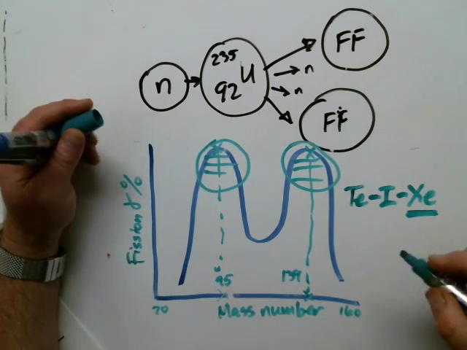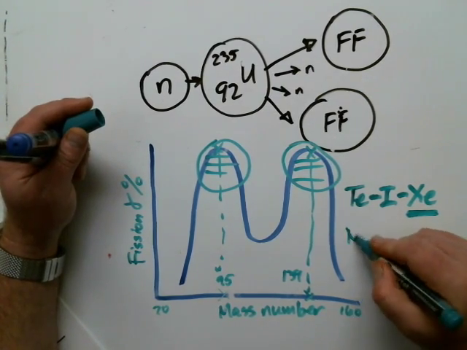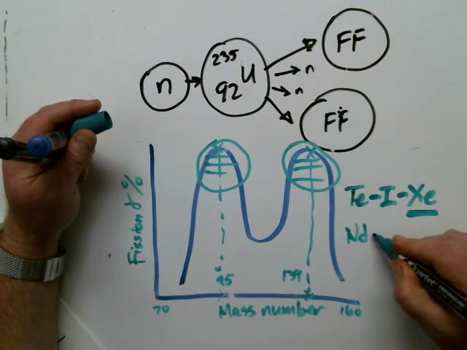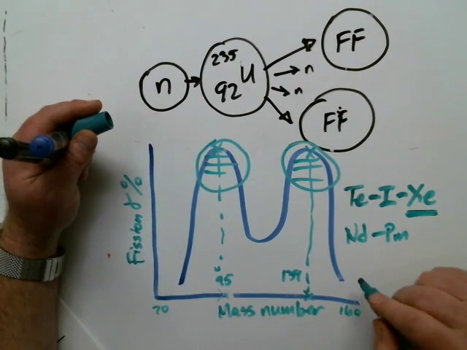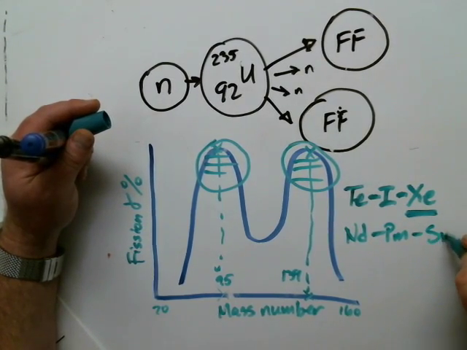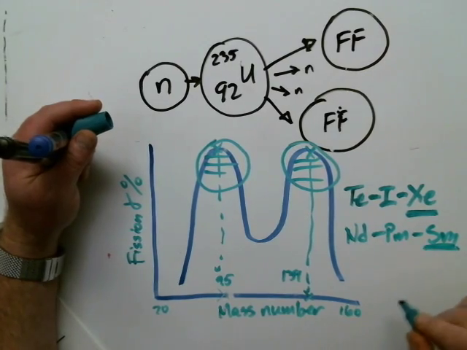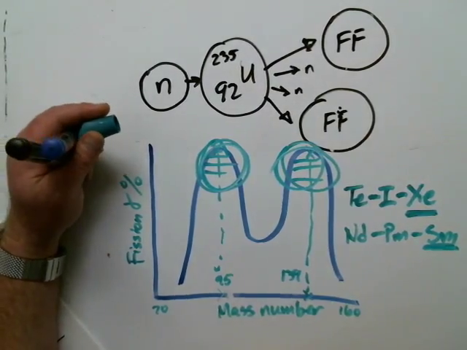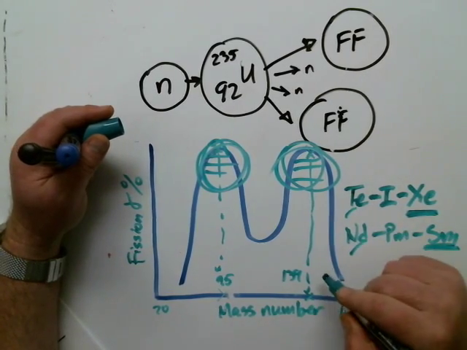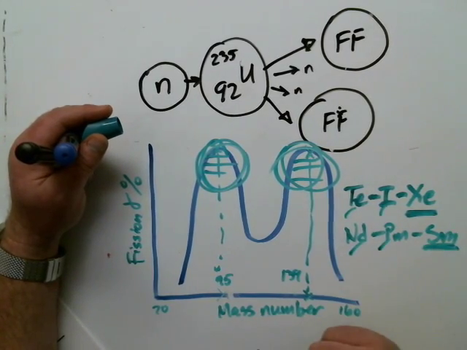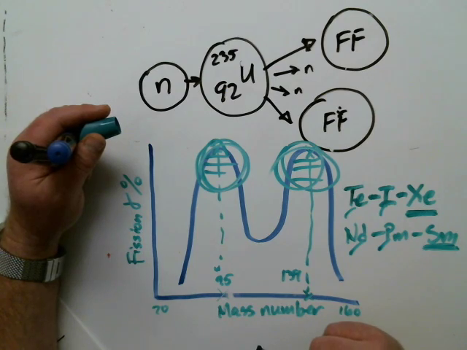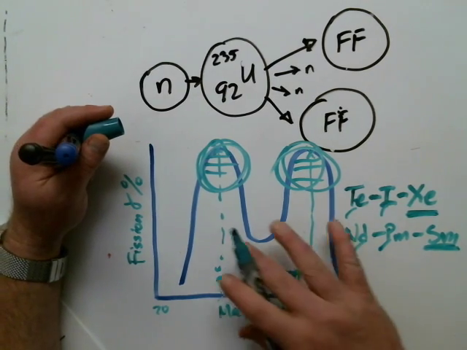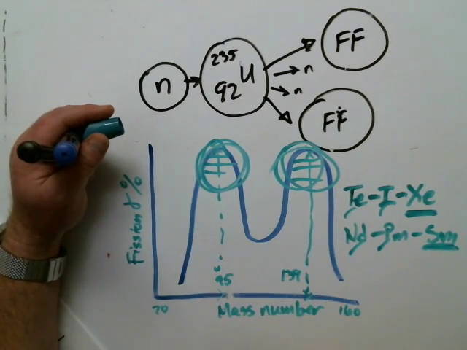Another one, we're going to see neodymium. It decays to promethium, which decays to samarium, another operational concern. Very key. And we're going to find out that they end up here being high probabilities of being created, both the parent and the daughters that kick it out. So this will be real important as we go forward.